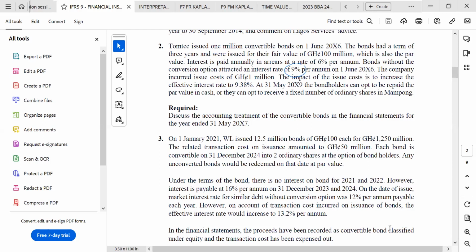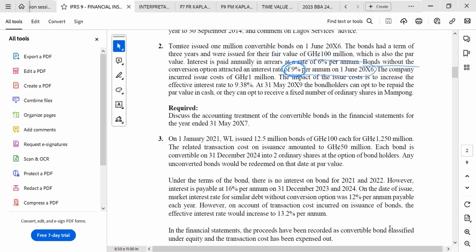Okay, we use the interest of bonds without the conversion option or rights. So the question over here, the bonds without a conversion option attracted the interest rate of 9% per annum. So we are going to use the 9% per annum.